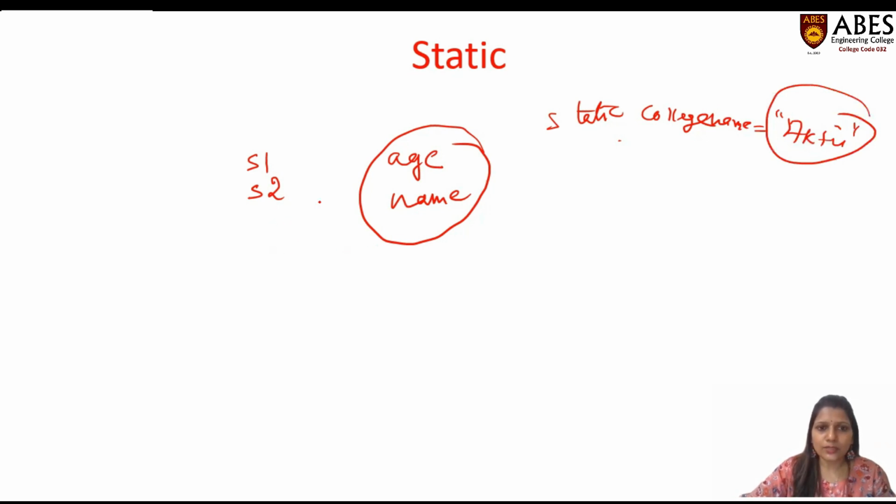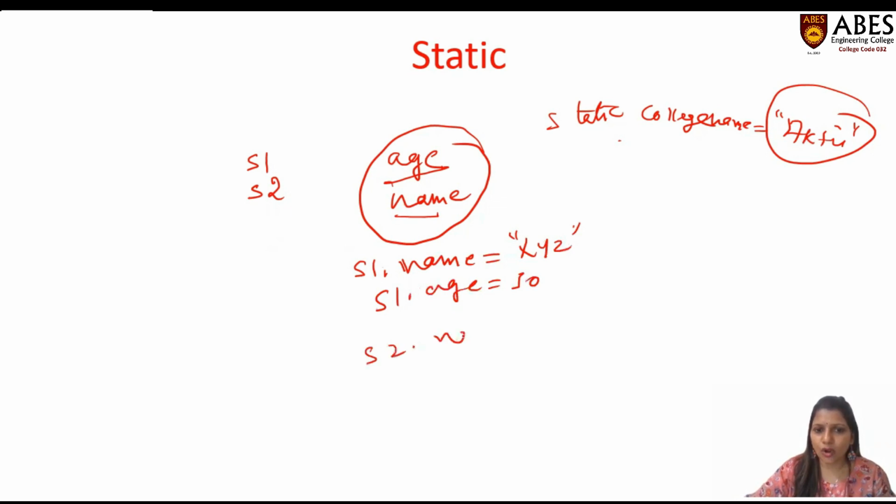If I want to access the instance variables age and name, how can we access them? With the help of the object: S1.name is equal to XYZ and S1.age is equal to 30. Similarly, S2.name is equal to ABC and S2.age is equal to 40.